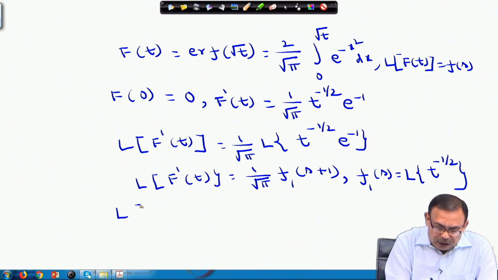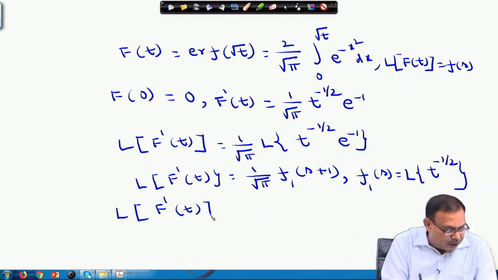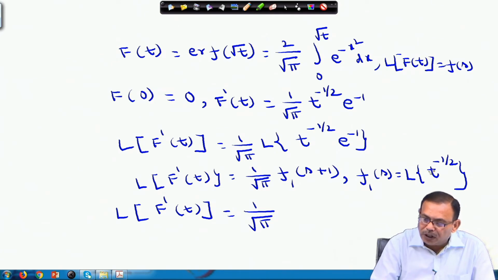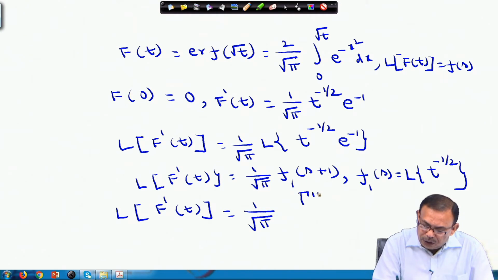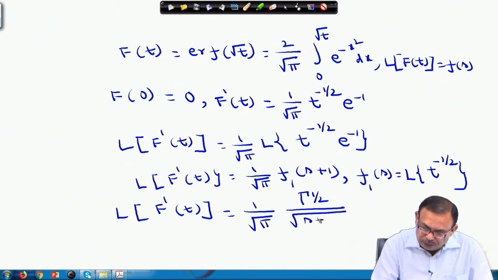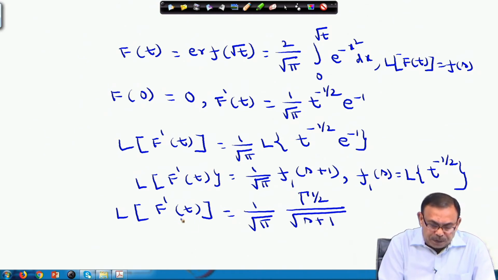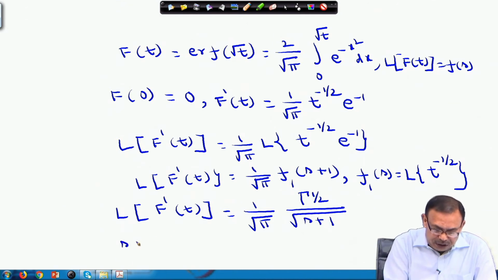So, you can write down the Laplace transform of f dash t is equal to 1 by root pi into, I know the Laplace transform of t to the power n. So, from here it will be gamma half by root over s plus 1. So, here the Laplace transform of f dash t is equal to what? It is s f s minus f 0.